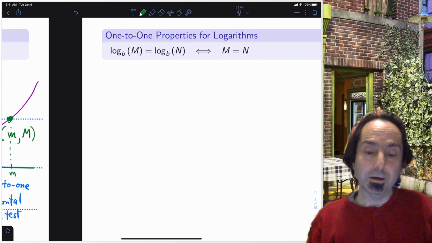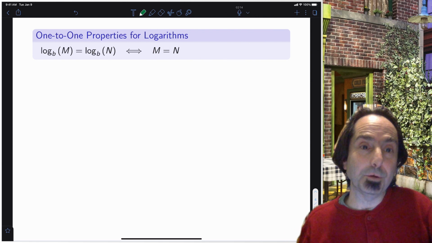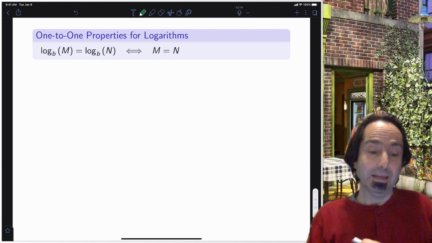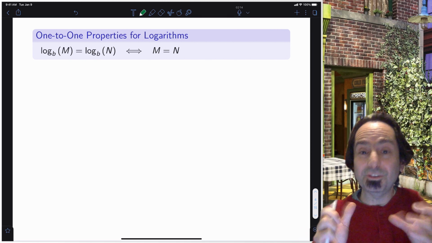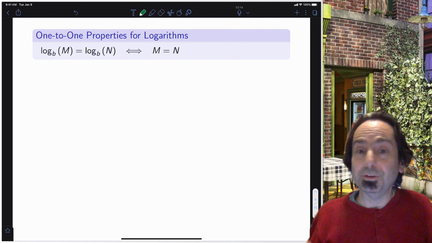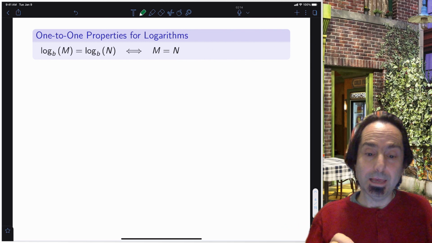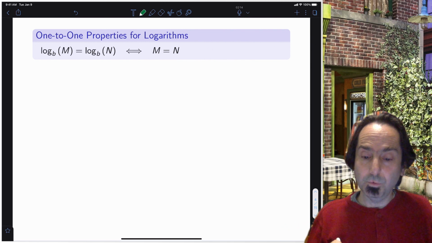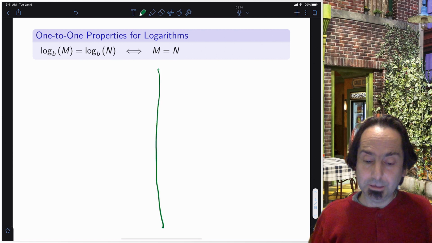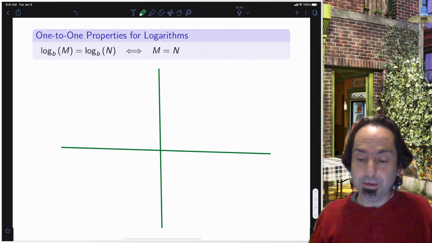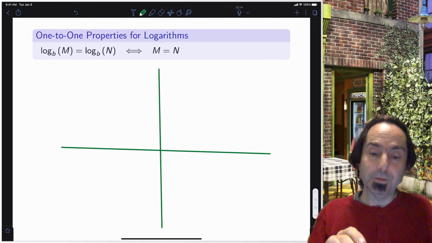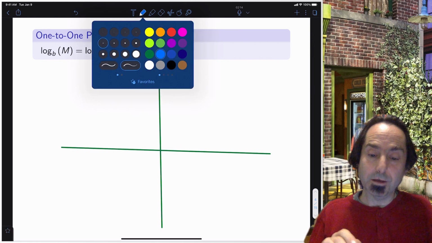Did you know there's also a one-to-one property for logarithms? And it says pretty much the same thing. If the logs are the same, you have to have the same base, then what's inside the log is the same. You can just eliminate the logarithm. And why is this true? Well, it's because the log function is one-to-one, and in this case, let's draw the log function.